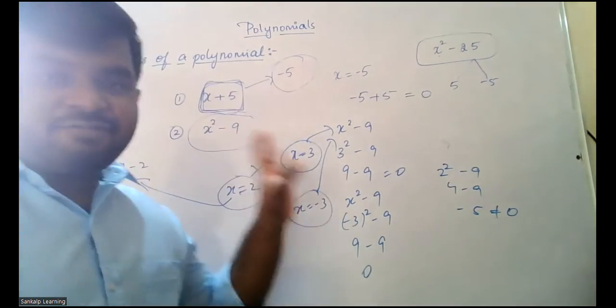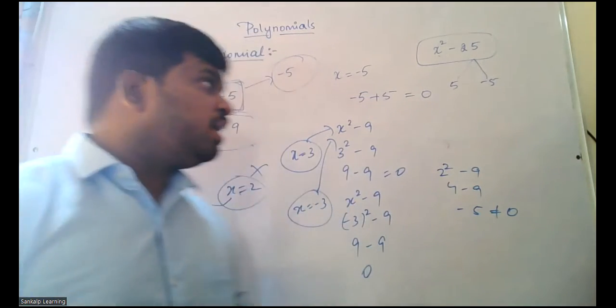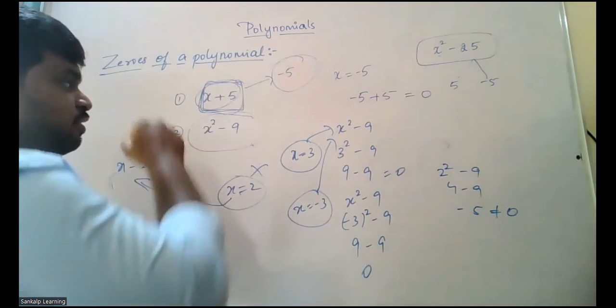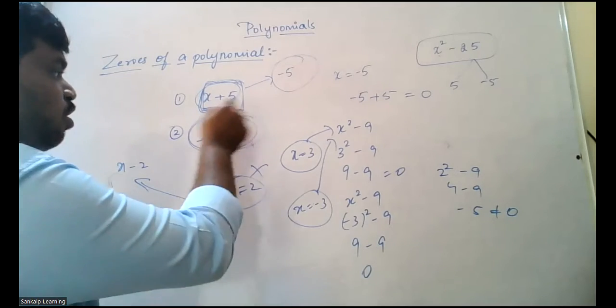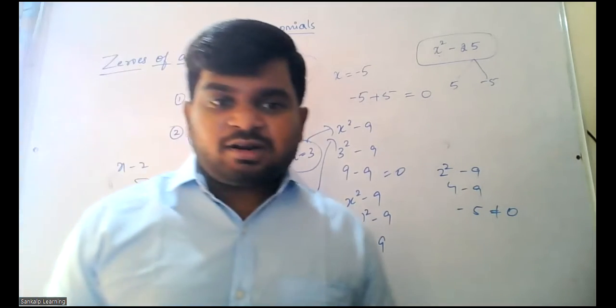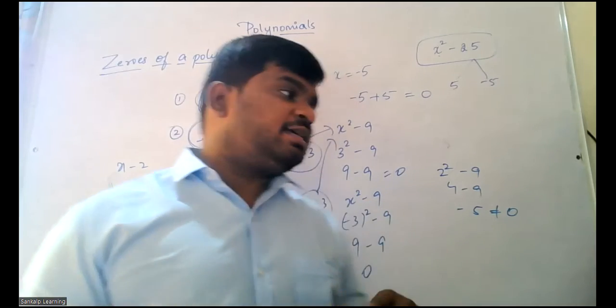Now, what is the graphical meaning of this? The graphical meaning is, if you plot a graph for this x plus 5 and x square minus 9, wherever the graph crosses the x-axis or intersects the x-axis.